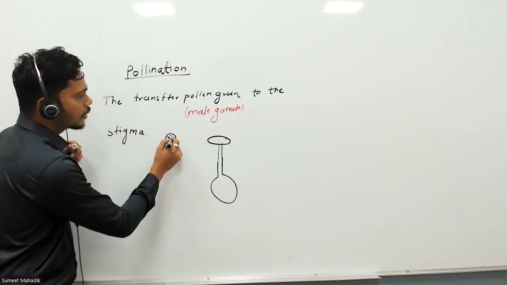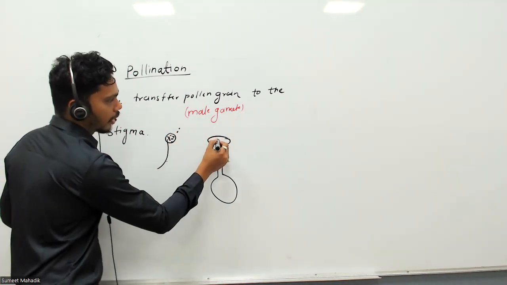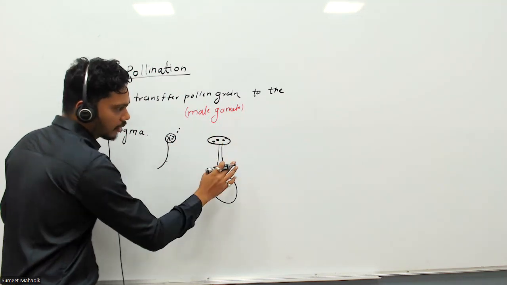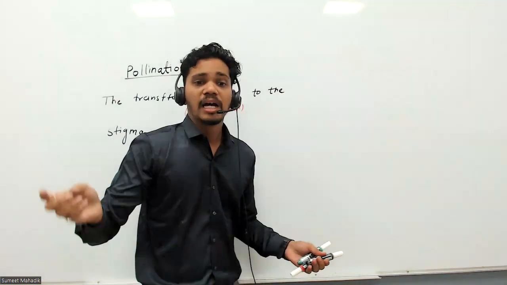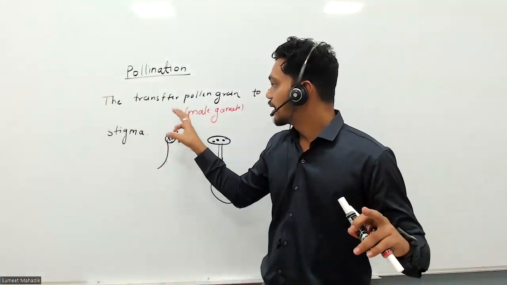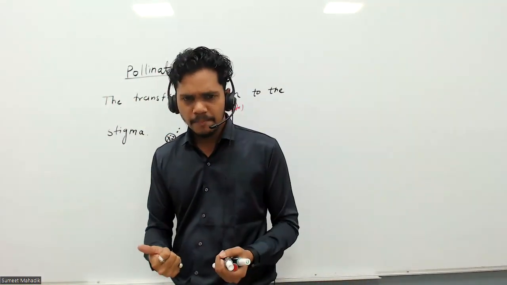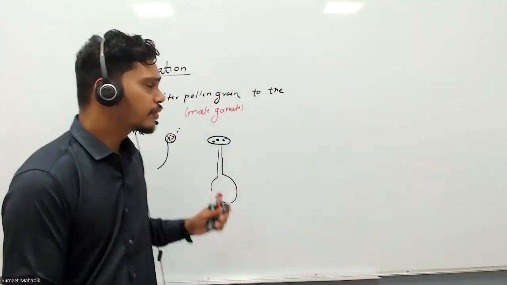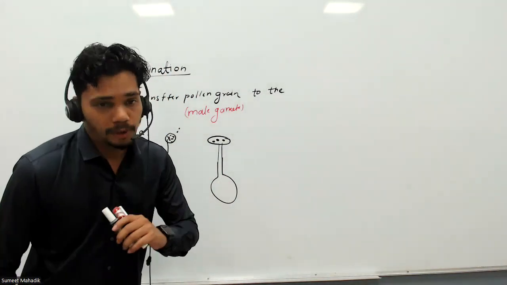These pollen grains are transferred from the anther to the stigma. The moment they transfer here, the pollination process is done. So what is pollination exactly? The transfer of pollen grain from the anther towards the stigma. It can be of the same flower or a different one. If the pollen grain is transferring onto the same flower, it's called self-pollination.